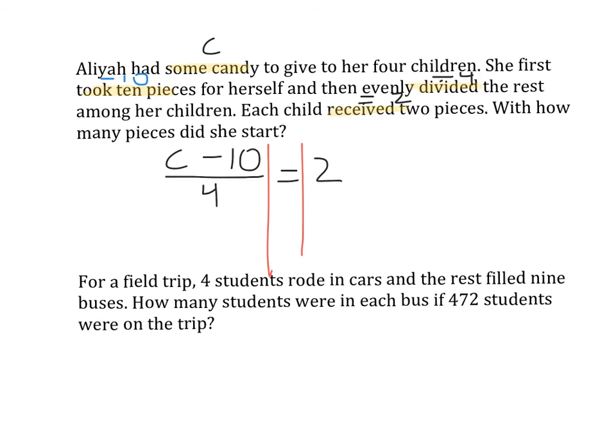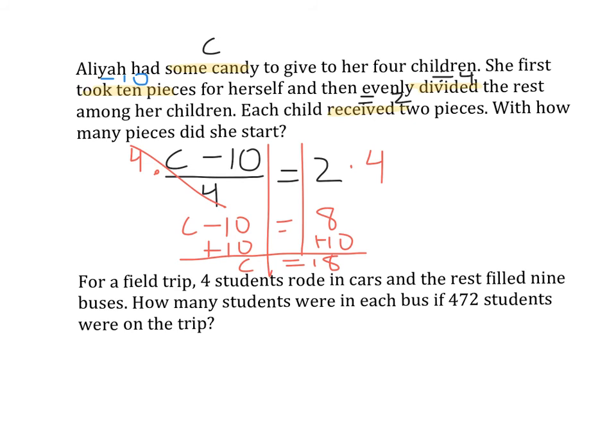All right, C minus 10 is all being divided by 4, so we want to multiply by 4 on both sides. That's the inverse of division. Those cancel out, so then we end up with C minus 10 is equal to 2 times 4, which is 8. And then we will add 10 to both sides to get C is equal to 18.